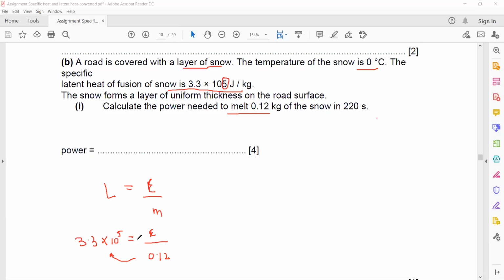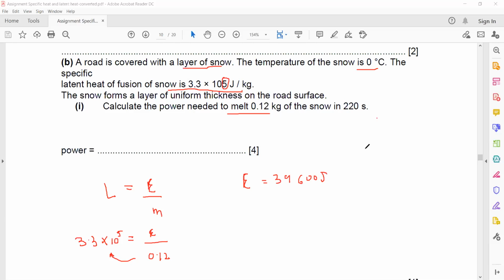What is the energy required to change the state of this ice? So 39,600 joules. This is the energy required, but in the question we need a power.